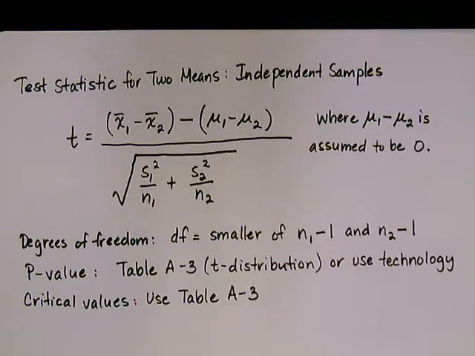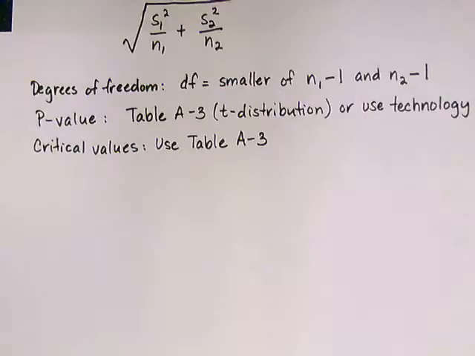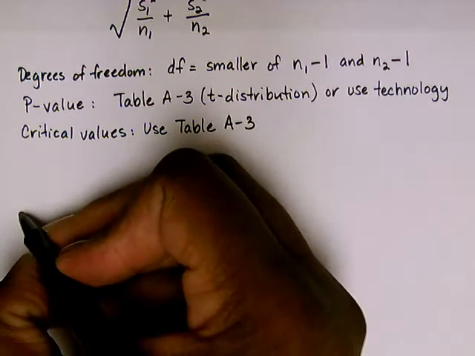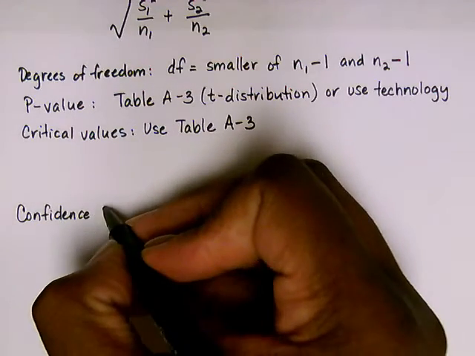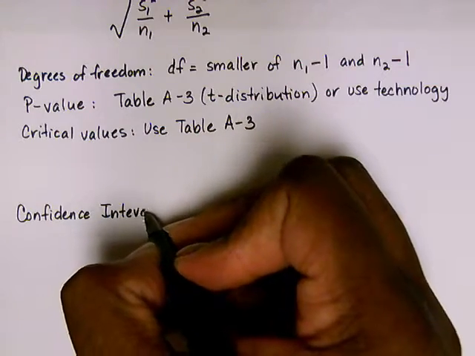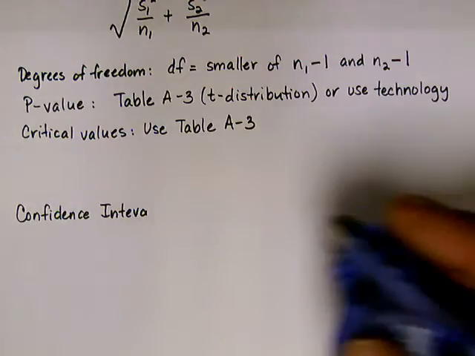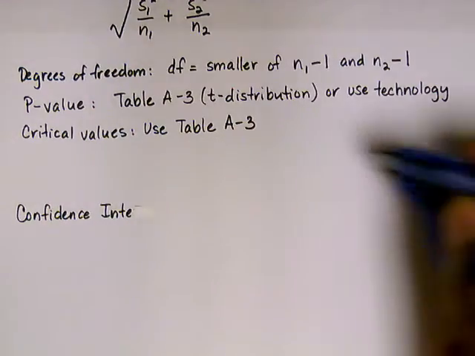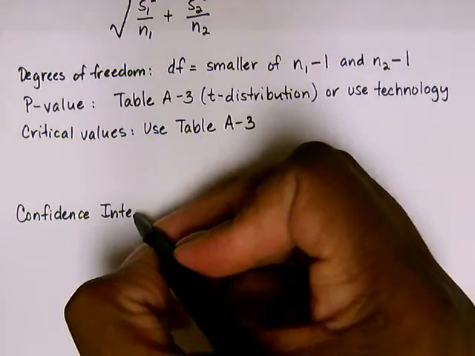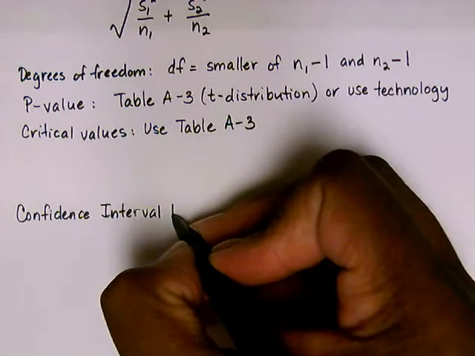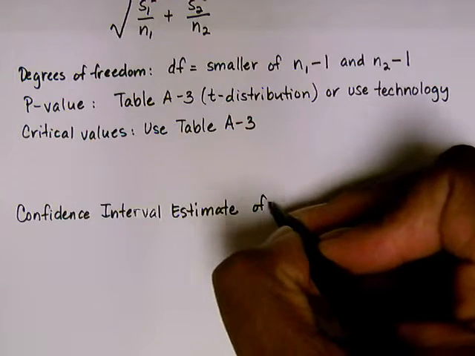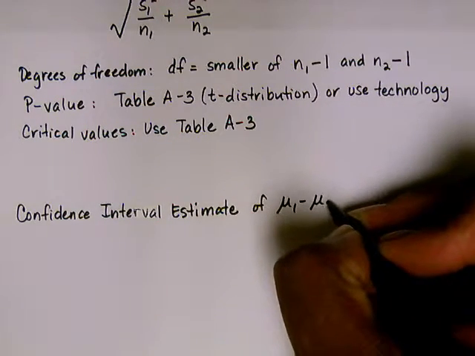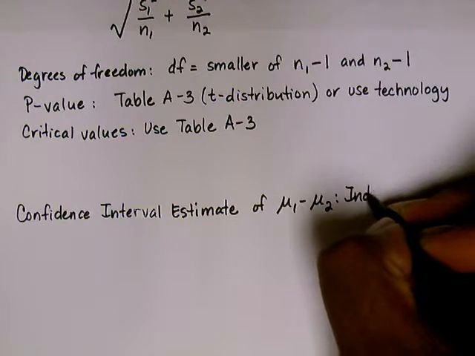Okay, the other one is the confidence interval estimate for the differences of your two means. Okay, so let me go and give you that one. Confidence interval estimate of mu1 minus mu2, where your samples are independent.